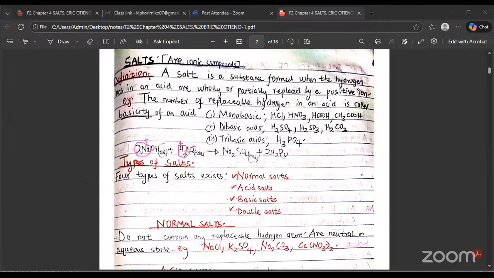So when I remove this one, the one that I've cancelled, and then I bring this one out to replace that one, whatever is formed after I've removed hydrogen from the sulfate and I take over the sulfate, that one is the salt.